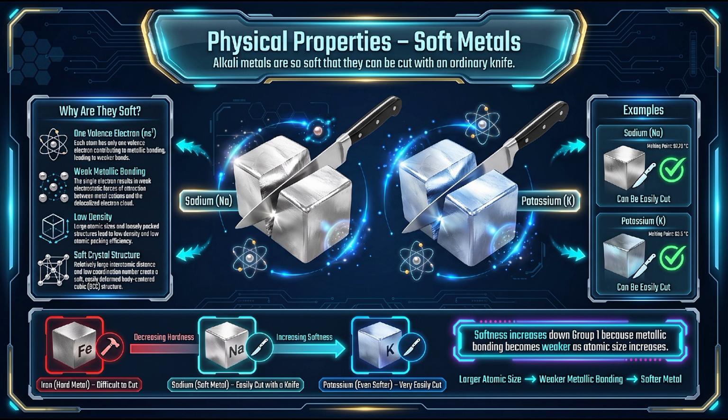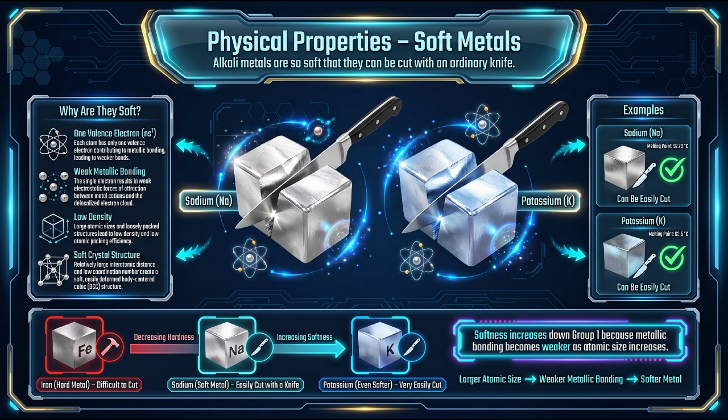For example, sodium melts at about 97.8 °C, potassium melts at approximately 63.5 °C, rubidium melts at around 39 °C, and cesium melts at only about 28.5 °C, which is close to room temperature. This gradual decrease in melting point as we move down the group further confirms that metallic bonding becomes progressively weaker.